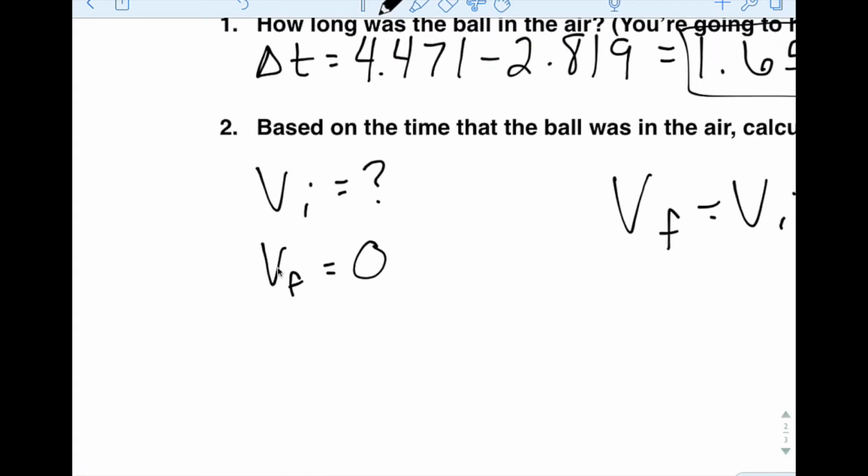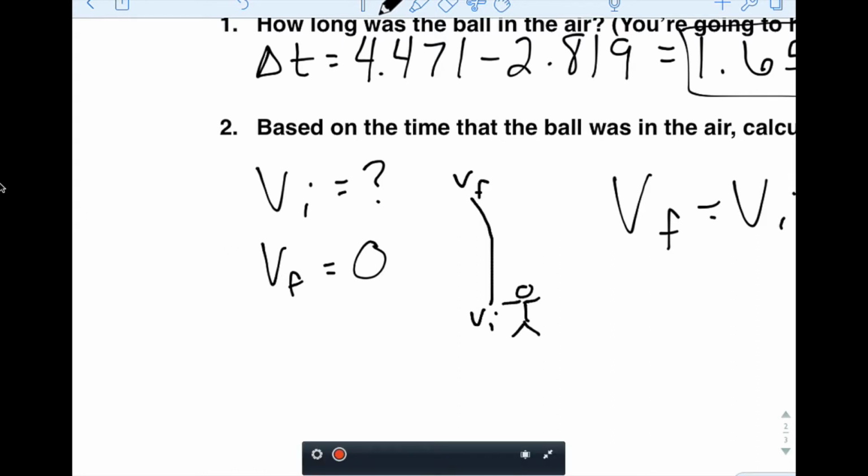Let's remember why, okay? So we've got Mr. McSparren, he throws the ball up. Well, if I'm going to the highest point, that means that VI was the beginning, VF was the end, because I'm only talking about it going to the highest point. I'm not talking about it going back down. So VF is 0 because we know at the highest point the velocity is 0.